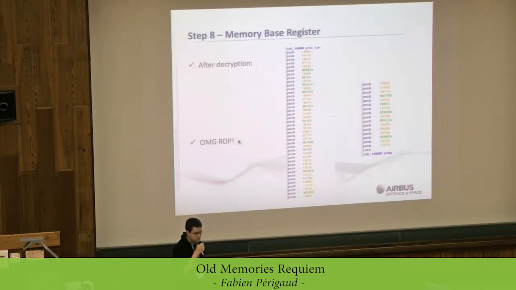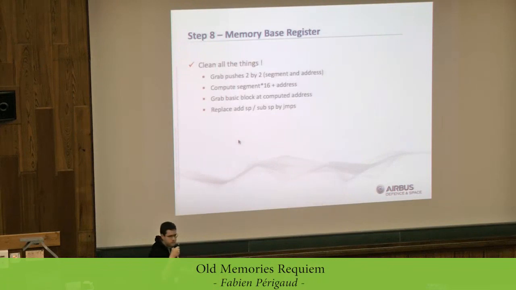So this is in fact ROP, return-oriented programming, in real mode. So what we have to do now is take each of these values 2 by 2, because the far return instructions grab the 2 values on the stack, one for the IP register and one for the segment.